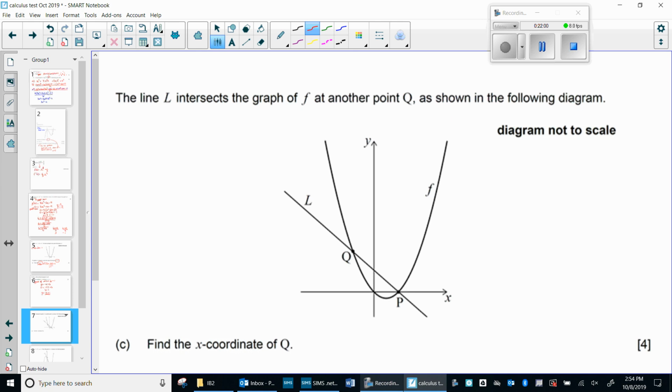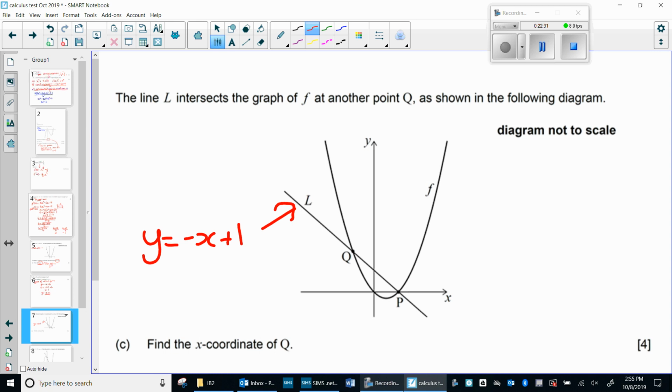We're still going. The line intersects the graph at another point. Okay, now, this, I appreciate, not really calculus, but remember how I said how lots of calculus questions bring in so many other aspects, so it was hard for us to give you practice stuff. This is something that you should be confident with at this point. We've just worked out the equation of L. Yes? We've worked this out to be y equals negative x plus 1.